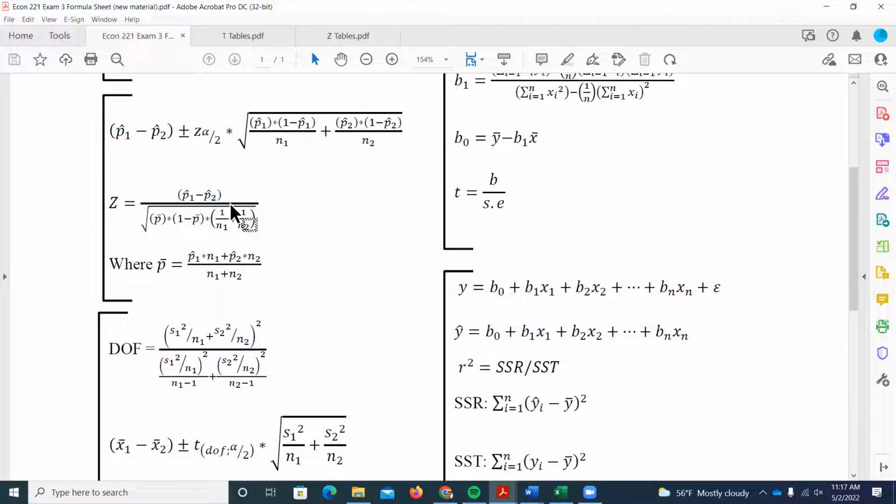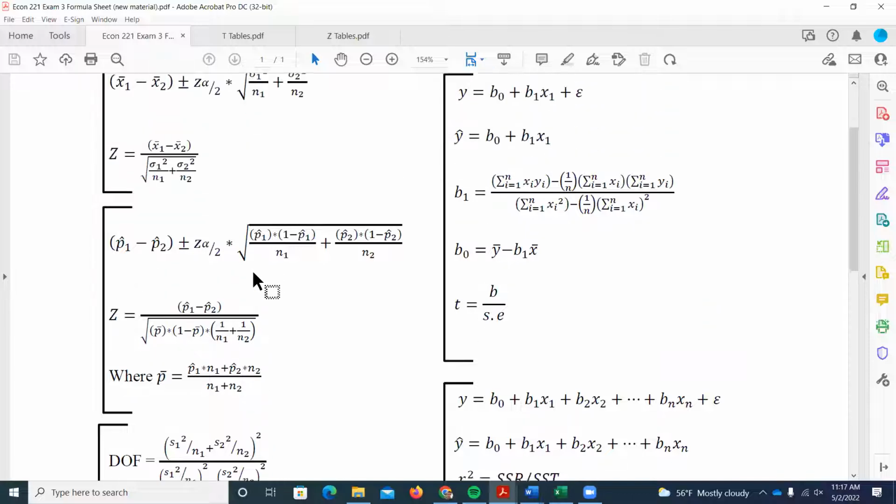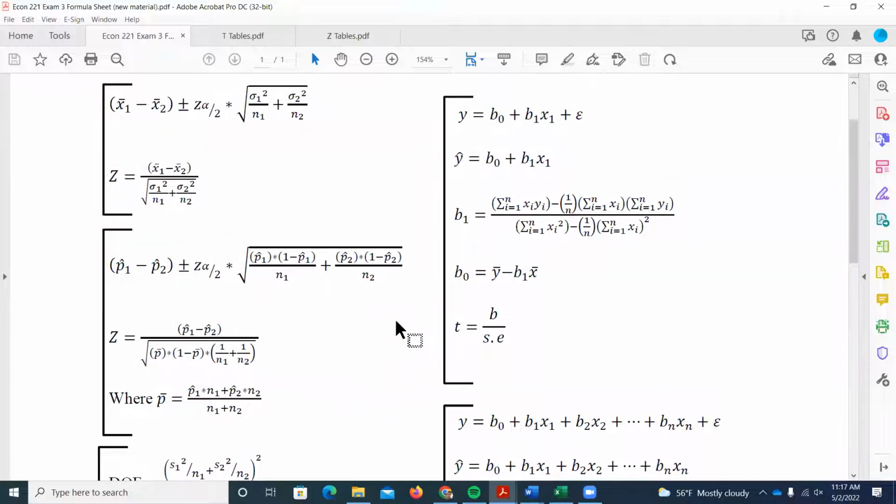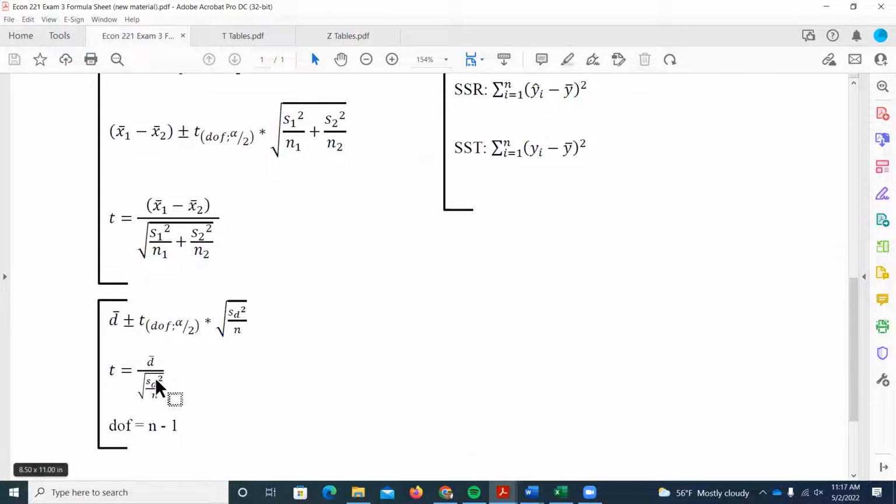Because if I see a difference that's positive, that's going to be a certain number of standard deviations above 0. If I see a sample difference that's negative, that's going to be a certain number of standard deviations below 0. Every single one of these test statistic equations, the denominator always represents a standard deviation. Well, variances and standard deviations are always positive, so the sign of my numerator tells me the sign of my test statistic.